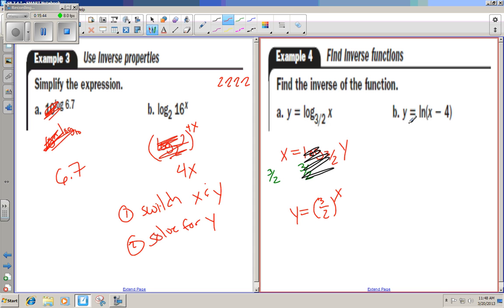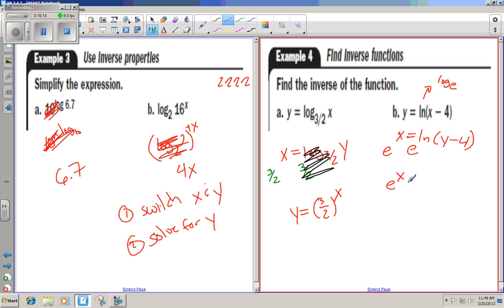We have not used natural logs yet, but we need to look back at our definitions and know that a natural log is a log with a base e. So, to undo a natural log, you raise it to a base of e. All right, so step 1, switch x and y. Now, raise it to the power of e.